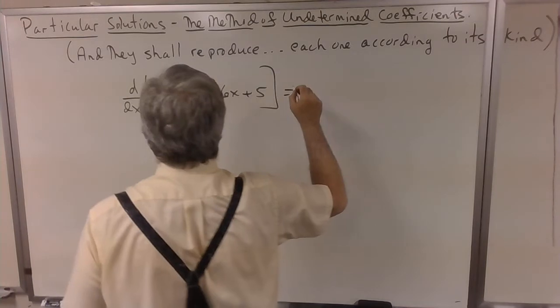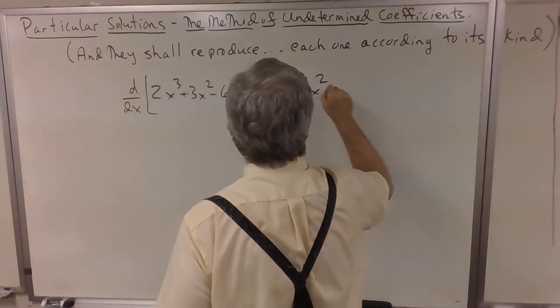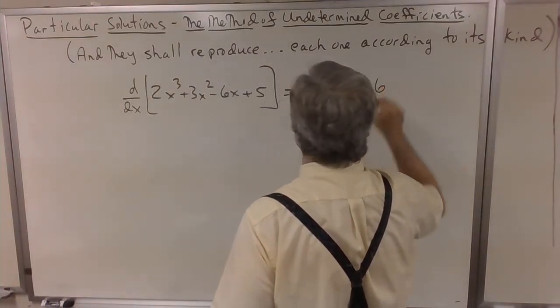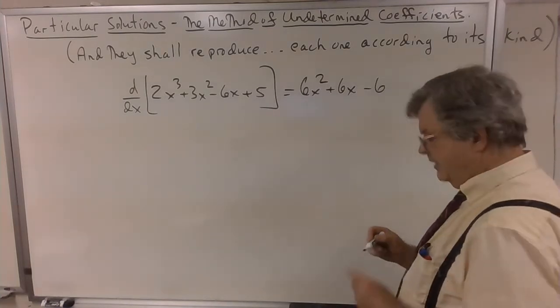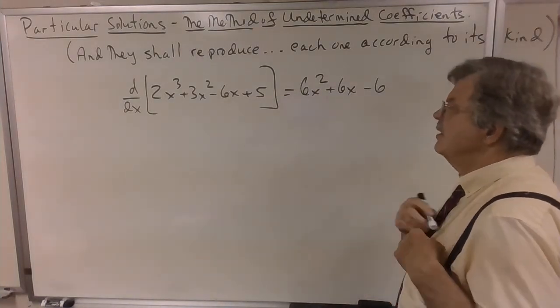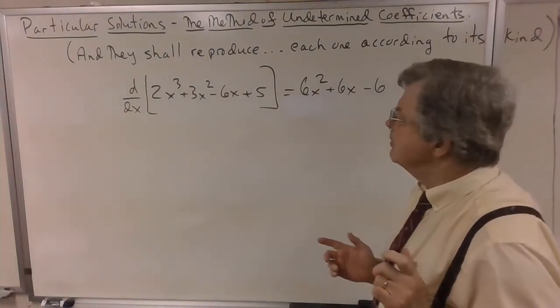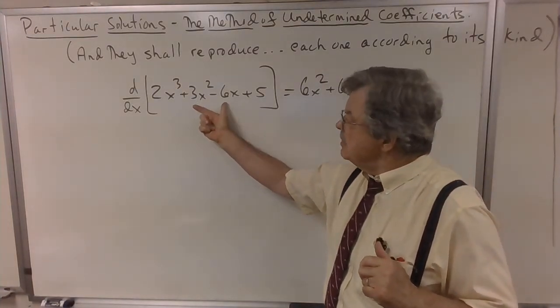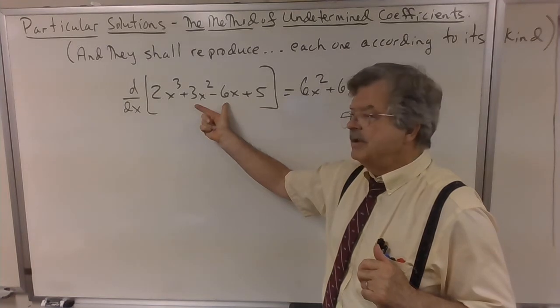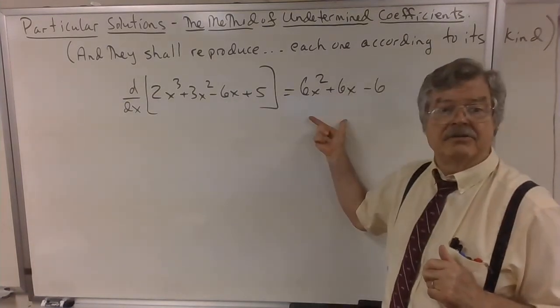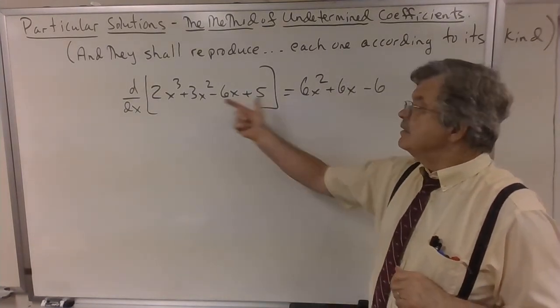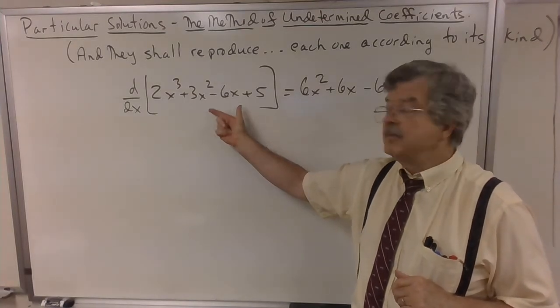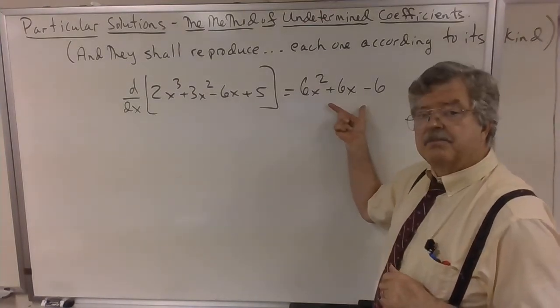Let's say 6x squared plus 6x minus 6. That's it. Well, the point here is that we started with a polynomial, and we computed the derivative of that polynomial, and what did we get? Sines and cosines? No. We computed the derivative of a polynomial, and we got a polynomial.